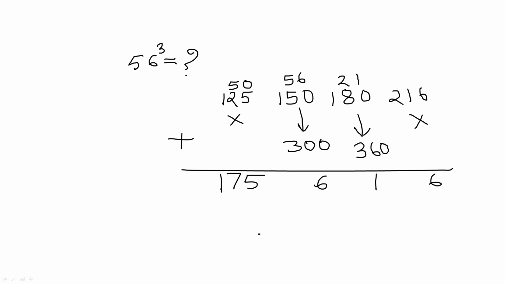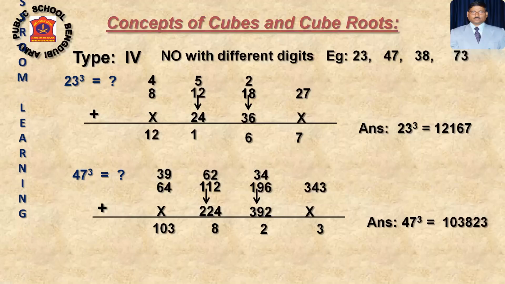So therefore 56 cube will be 175616. Have you understood? Very simple. You have to apply this technique in all 2-digit numbers except 37. Have you understood? So now coming back to my presentation again.